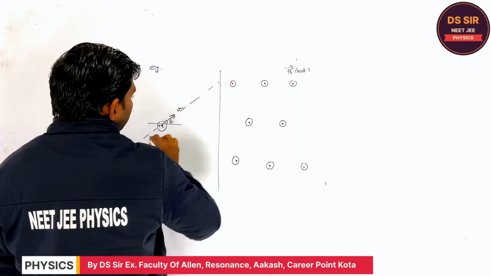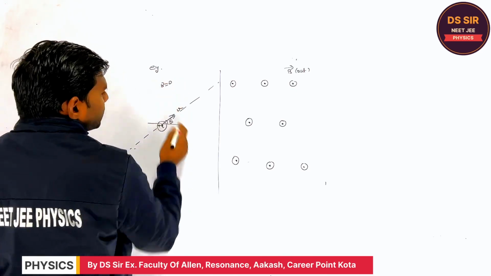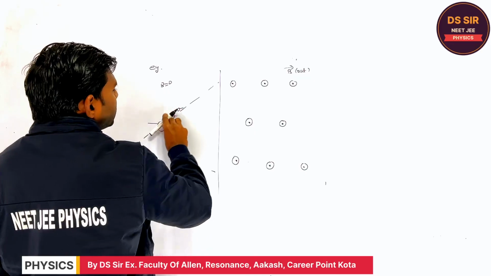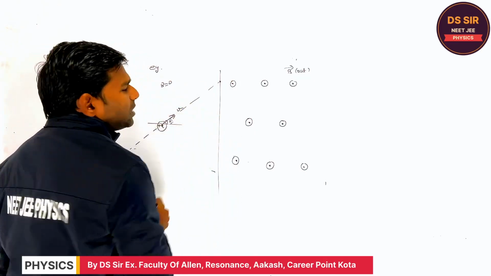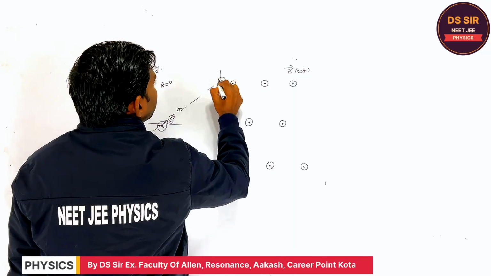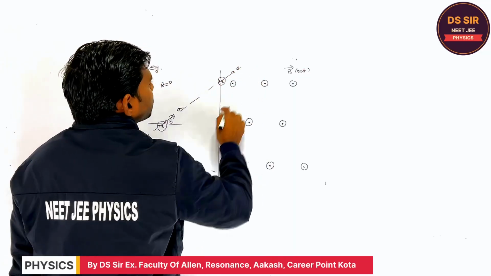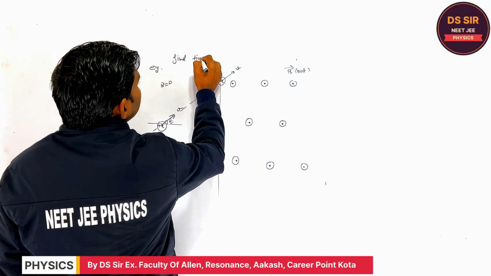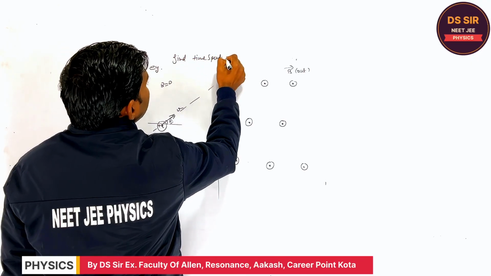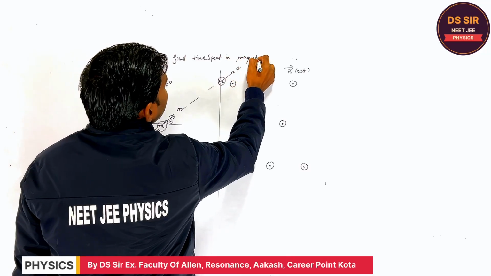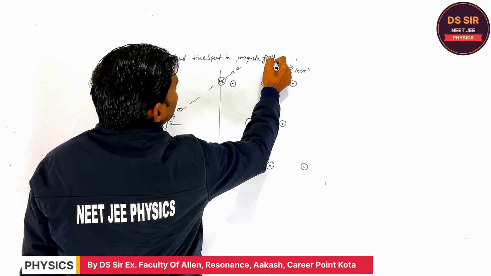So at this side the magnetic field is 0, therefore it will move in a straight line, but it enters over here with the velocity v. You have to find the time spent in the magnetic field over here, right?